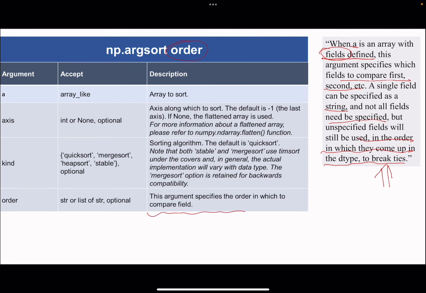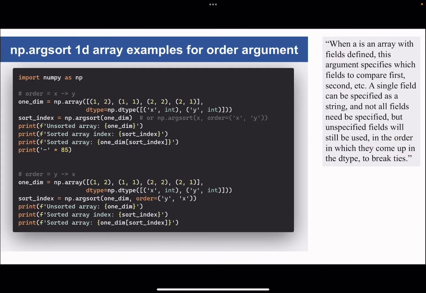To summarize, this argument just specifies the order in which to compare fields. So let's take a look at the code example for this argument. Here I list a one-dimensional array example for this order argument.